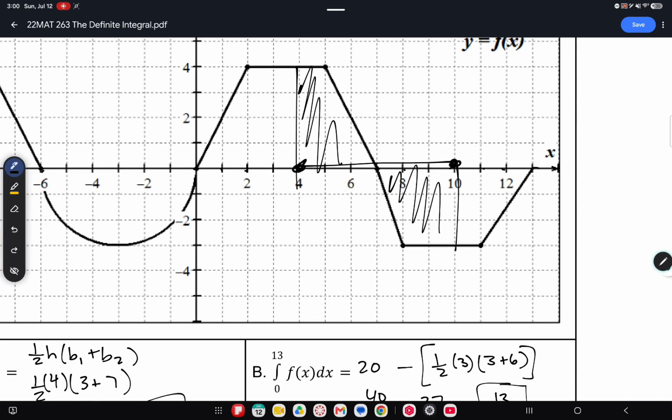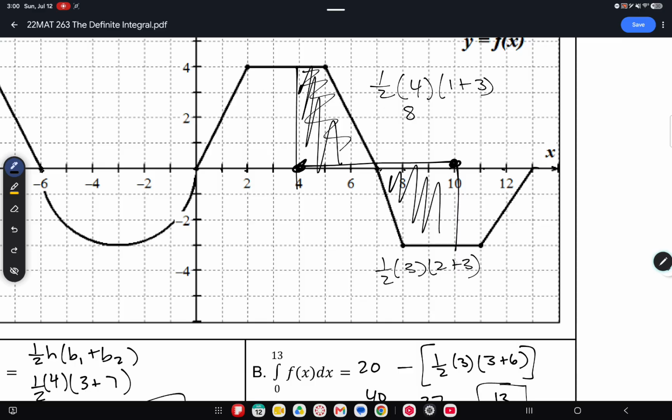So let's just do it here. So I would take this area here. So 1/2, the height is 4, and the two bases are 1 and 1, 2, 3. 4 and 4 makes 16. 16 divided by 2 is 8. And then let's do this one. We got 1/2, the height is 3. One of the bases is 2, and the other is 1, 2, 3.